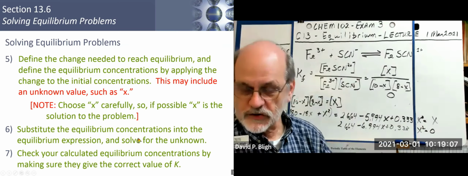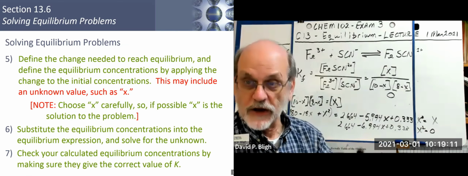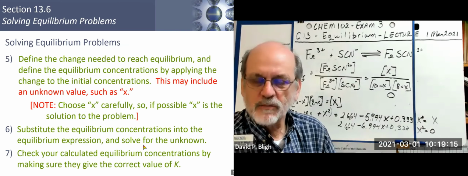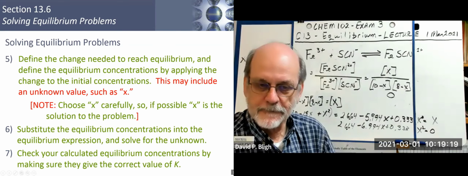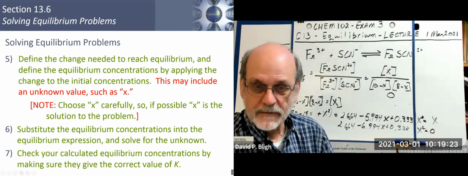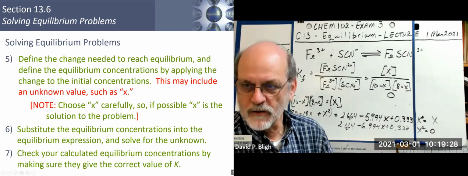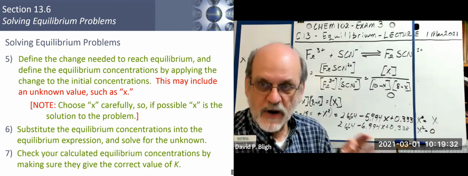Then once you've determined what the equilibrium concentrations are, even with their unknowns incorporated, like the X's, then you plug those into the equilibrium expression and solve it. And then you might have to use the quadratic, or if you've got a cubic or a 4th power, or 5th power, or 6th power equation to work with, then you have to use approximations.